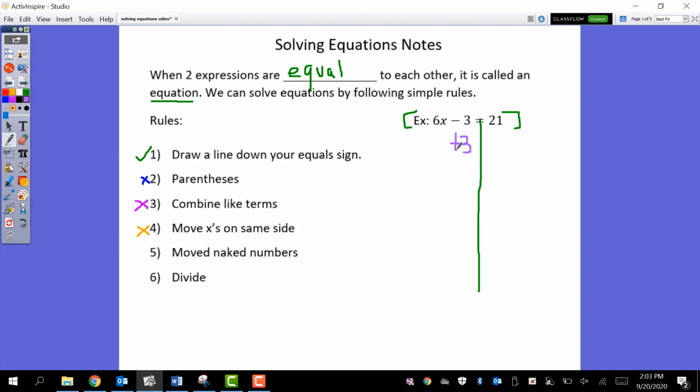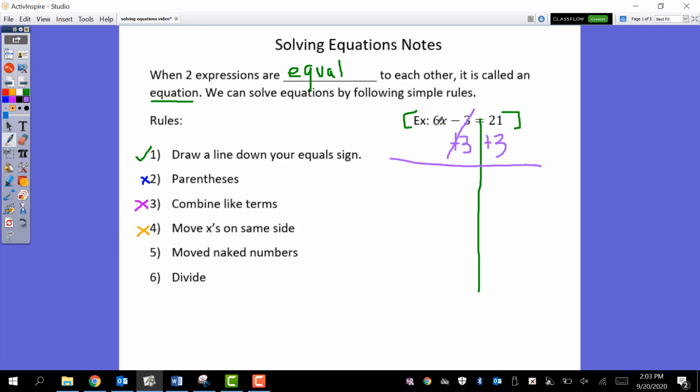Because when I do that, negative 3 plus 3 adds up to 0, and it will cancel out on this side. But I do have to do it on both sides. Whatever I do on one side, I've got to do on the other side. So I have plus 3 plus 3. Now we just said negative 3 plus 3 is 0. So when it adds up to 0, that's when I cross it out.